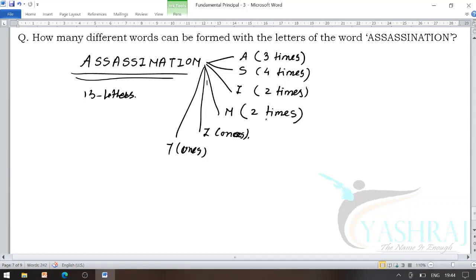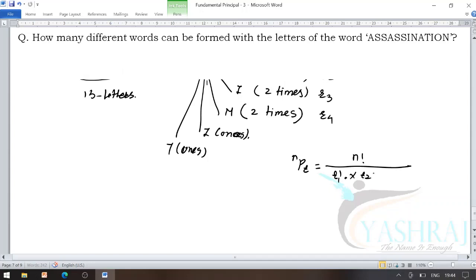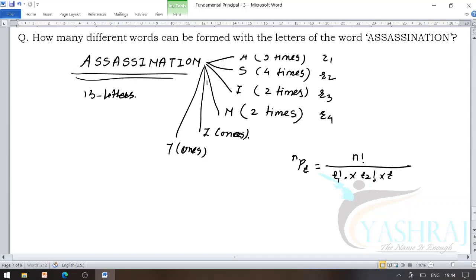So when repetition is given, suppose one object is repeated r1 times, another object r2 times, another r3 times, and another r4 times, then the permutation is given by n factorial divided by r1 factorial into r2 factorial into r3 factorial into r4 factorial.